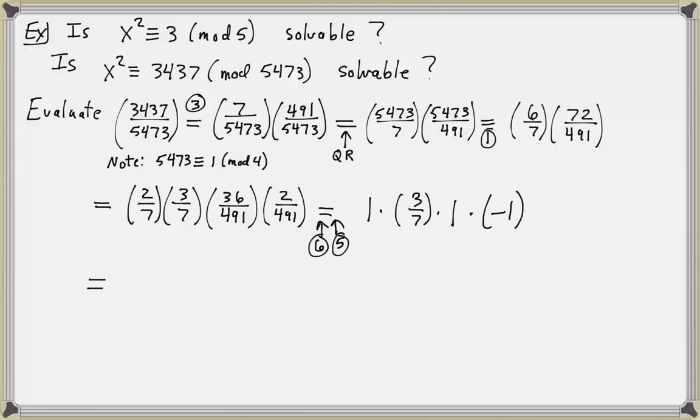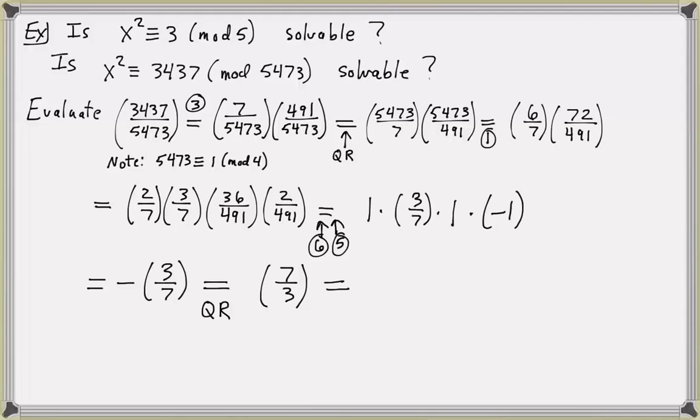So far I have this Legendre symbol is the negative of 3 over 7. Let's use the law of quadratic reciprocity again. 3 and 7 are both 3 mod 4. So when I flip the Legendre symbol, I have to take the negative of it, by the law of quadratic reciprocity. So we just get positive the Legendre symbol of 7 over 3.